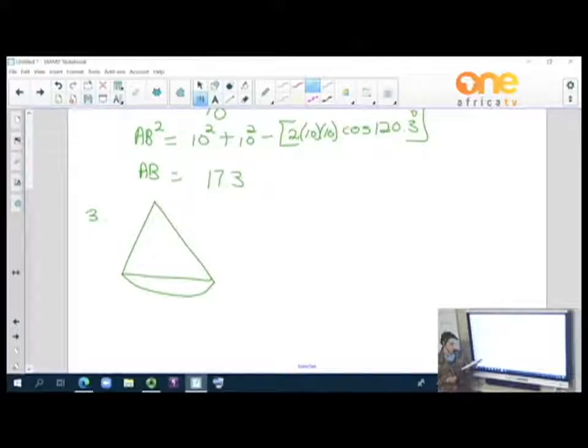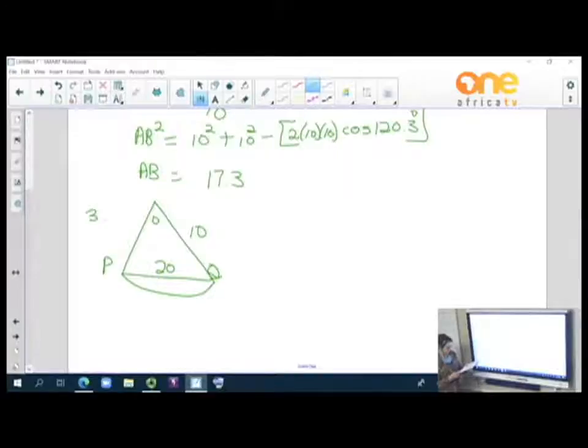Find angle POQ. So how will we find this angle here? This is POQ. Depending on the information that we have, this time this one is 20 and this one is 10. So if I just look there, it is trigonometry, a triangle that I'm using here. It's not the geometry part at this stage.